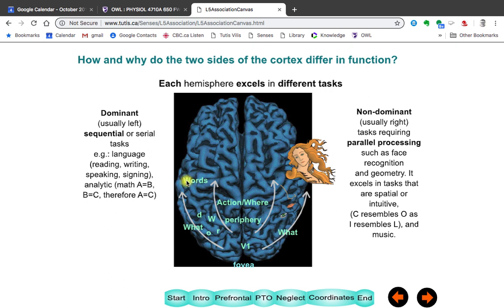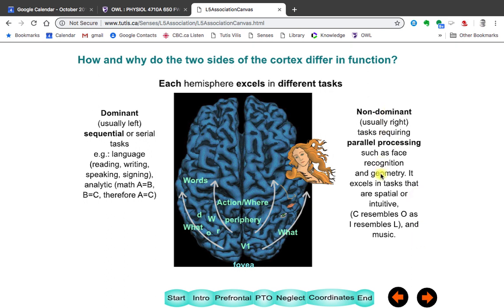The left side is also involved in reading, writing, signing, and it's also involved in problem solving, like analytical, algebraic things like A equals B, B equals C, therefore A equals C. That type of logic. We'll also discover that this side is also involved in storing numbers.